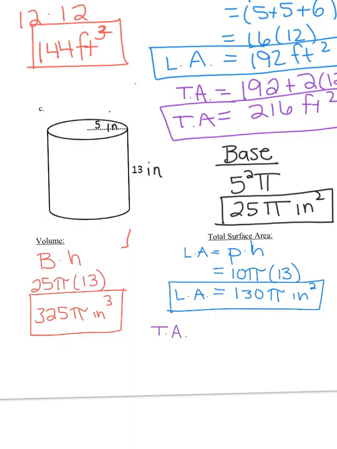Finally, putting it together, total area is our lateral plus our two bases, 130 pi plus 2 of the 25 pi's, gives us 130 pi plus 50 pi, or 180 pi inches squared.